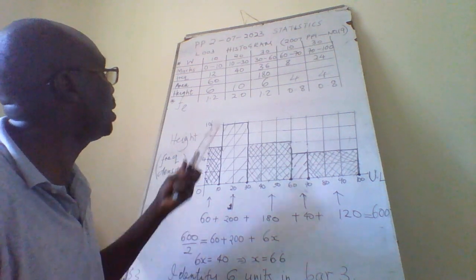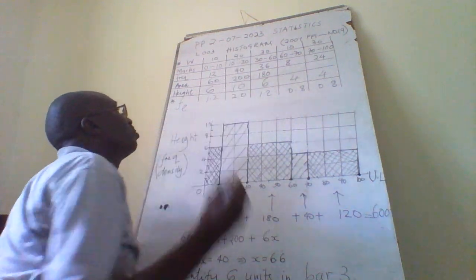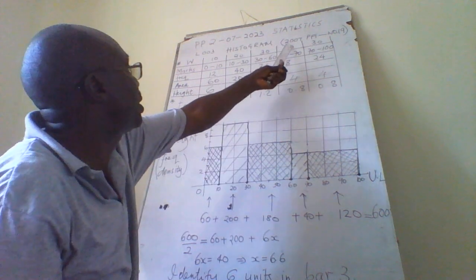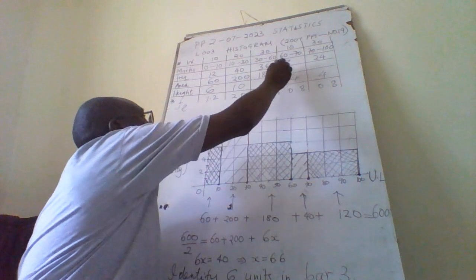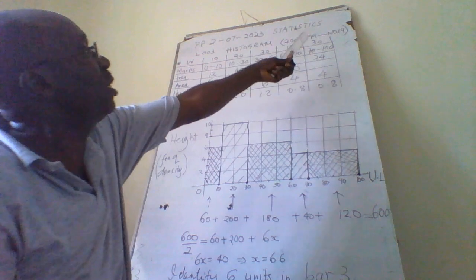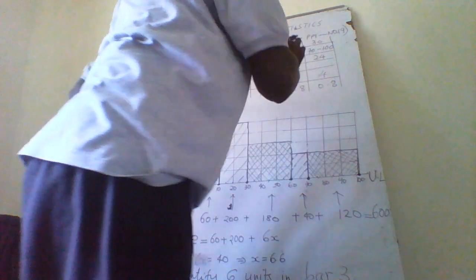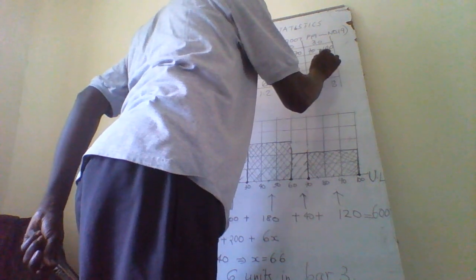So width 20 by that gives us 200. Then we have width 10 by 4 gives us 40, and width 30 by 4 gives us 120. So we have 120.